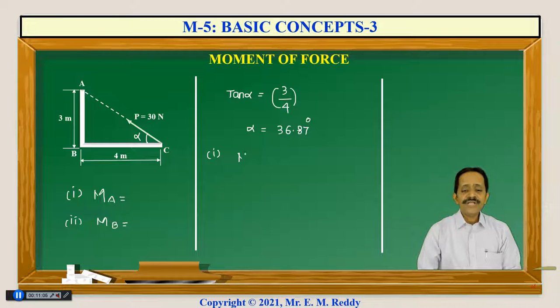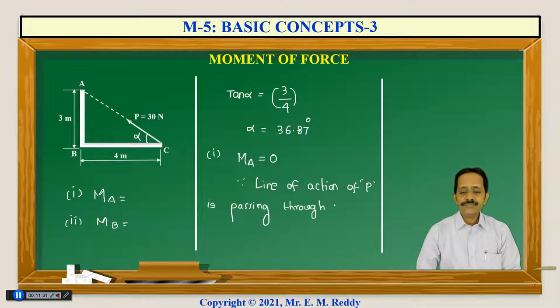Therefore, the moment of force P about point A is 0, since line of action of force P is passing through point A. So perpendicular distance D is equal to 0. Therefore, its moment about point A is 0.